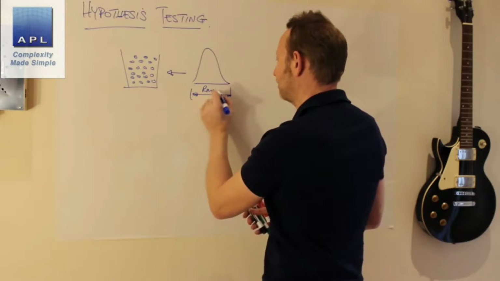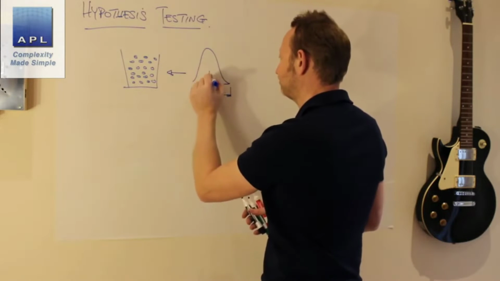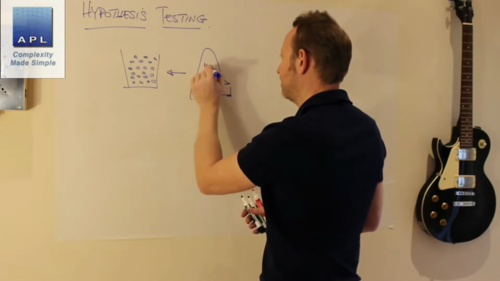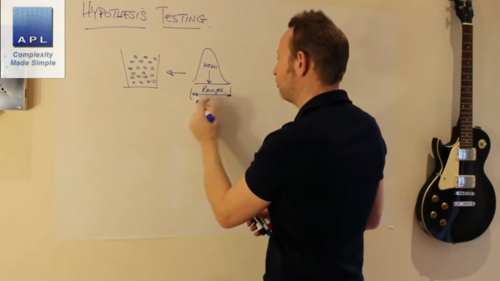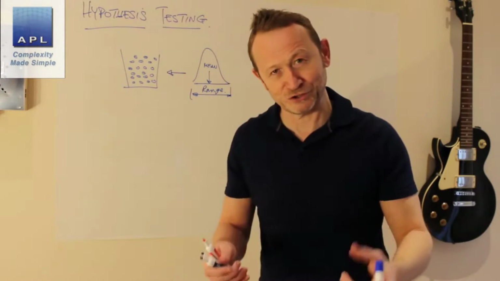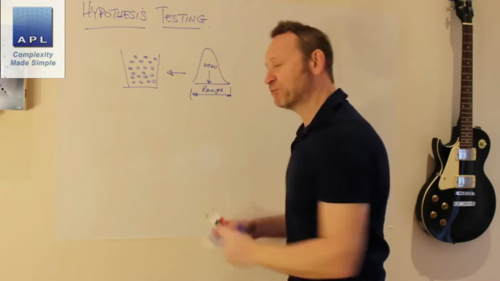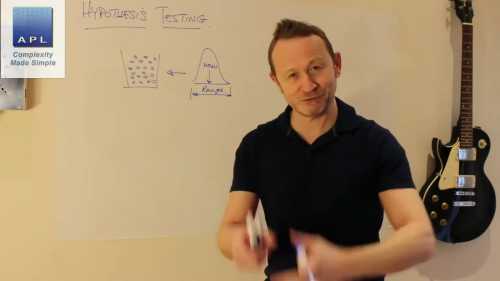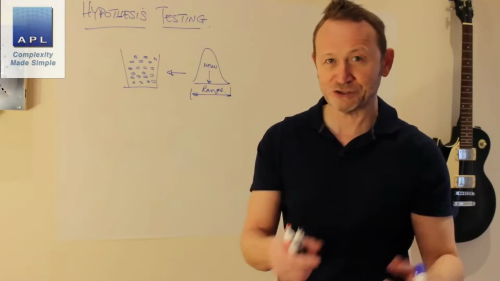So we need to know the signal. Where did the mean land? We need to know the range, we need to know the spread, we need to know the signal, and we need to know the noise. Okay, so this bucket has a fixed signal and a fixed noise.